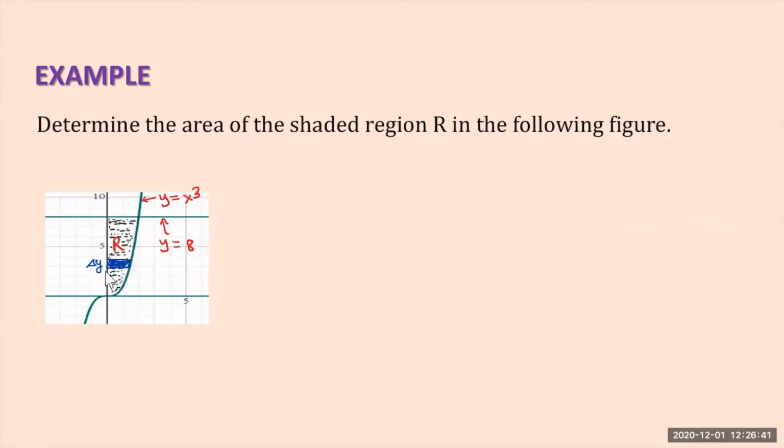Like we used to have the rectangle between the function and the x-axis. Here we have this rectangle between the function and the y-axis from y equal to 0 up to y equal to 8.